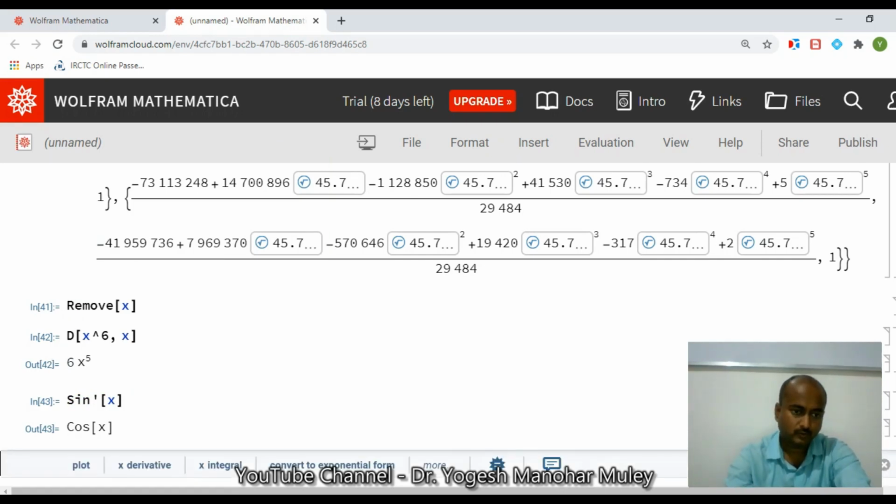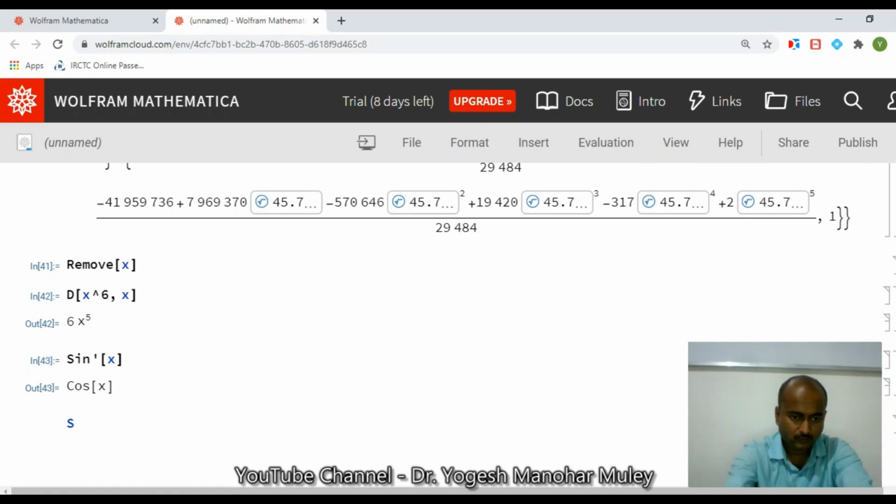Okay, so prime, or we can call it dash, means first derivative. For the second derivative we use double prime notation on sin x. This will give the second derivative of sin x. So the derivative of sin x is cos x, and the derivative of cos x is minus sin x.